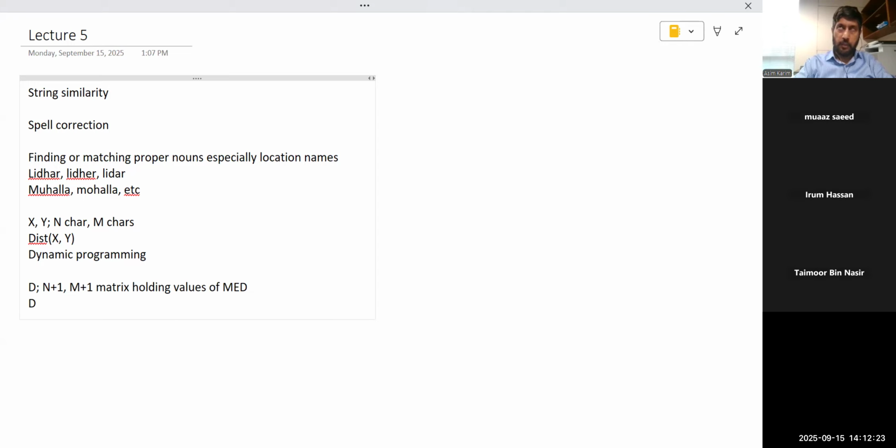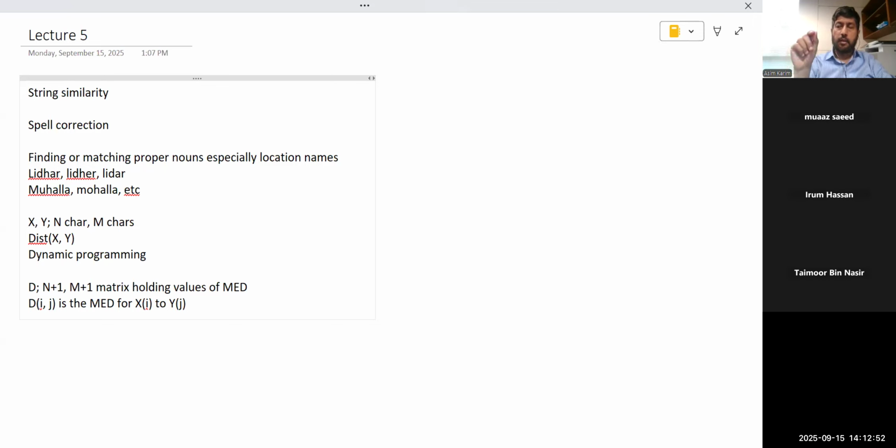So in general, D i j is the minimum edit distance for x i to y j. So आपका जो string है x up till character i and y up to character j, इन दो strings का जो similarity होगा, it will be held by this cell of the matrix, which is D i j.